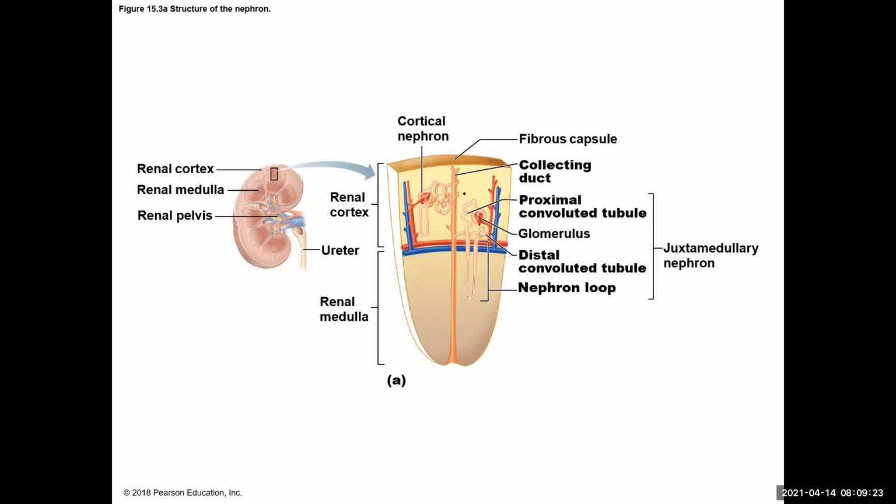So this is the cortical area, this is the medullary area. It lies at the junction of the cortex and the medulla, as you can see here. This is their Bowman's capsule, this is their PCT, right? And look at this. Their loop of Henle goes deep down into the medulla.